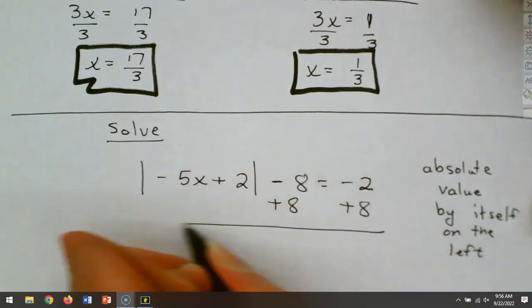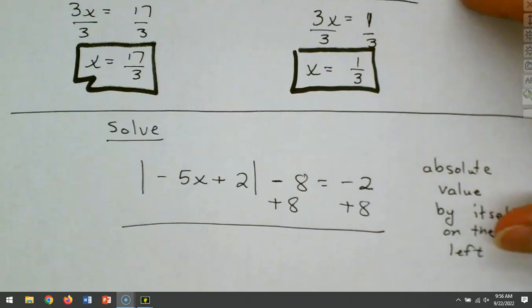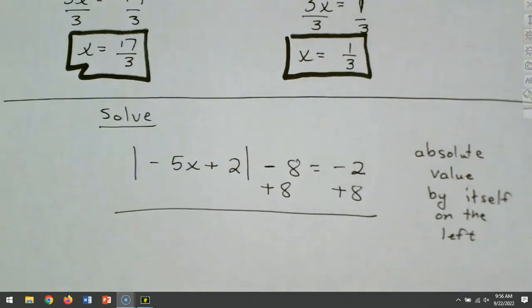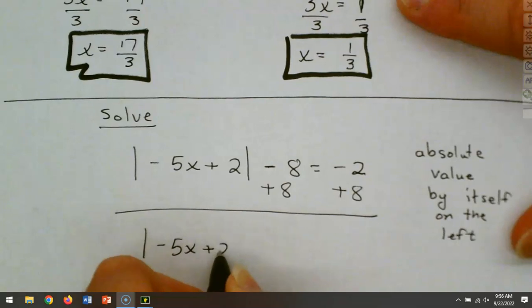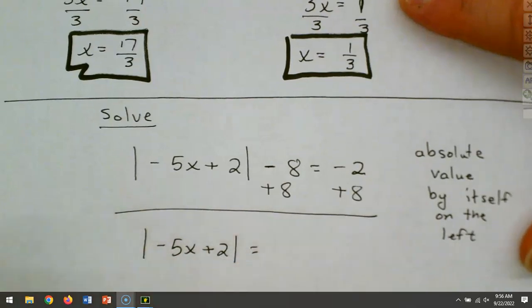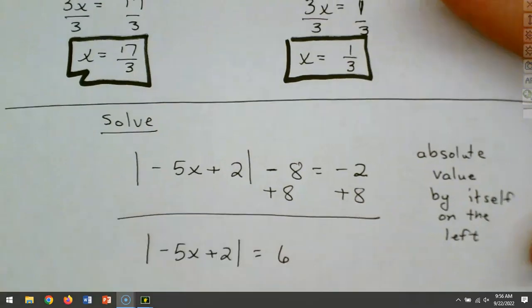Before I do anything else, you have to make sure that absolute value is by itself on the left. So I'm going to move that 8 over. And minus 2 plus 8, that makes it a 6.